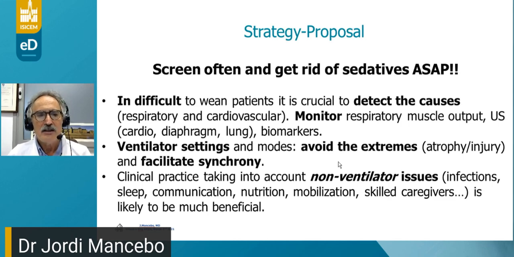The ventilator settings are to be adjusted, avoiding the extremes and facilitating synchrony. And in the most difficult patients, clinical practice taking into account the numerous non-ventilatory issues, such as the control of infections, proper sleep, good communication with the patients, nutrition, mobilization, etc., is also likely to help much in shortening the process of weaning from mechanical ventilation.